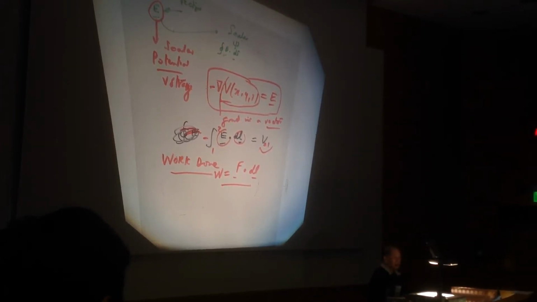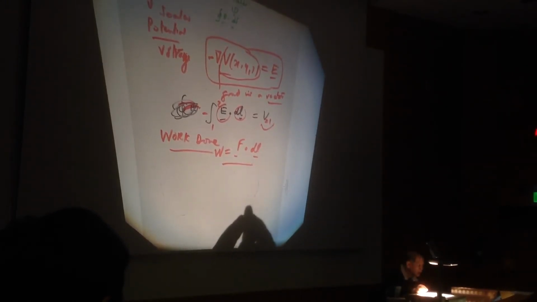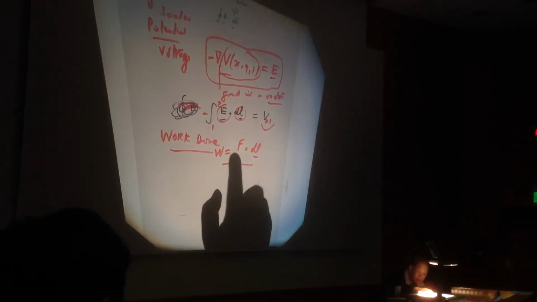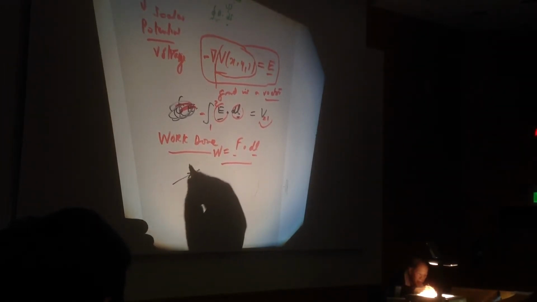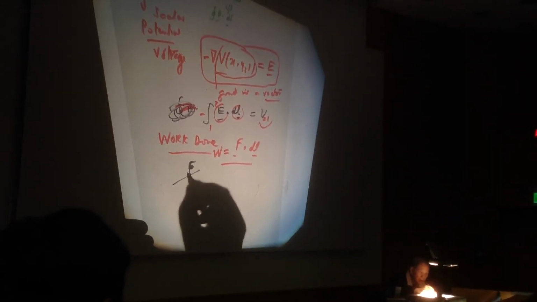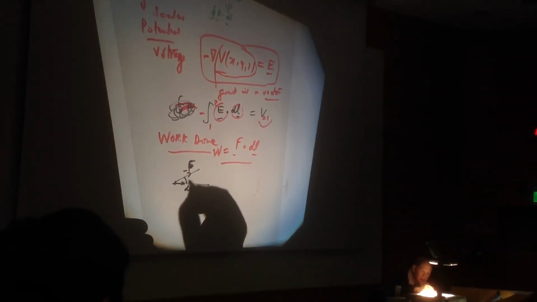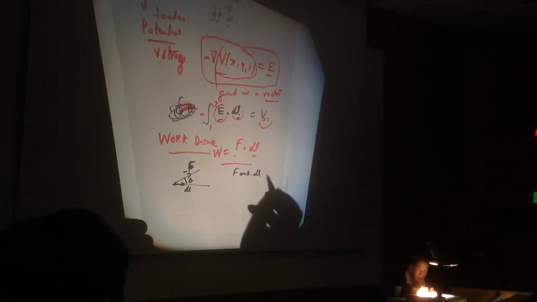But the concept of work done is always force times distance. F dot dl again, which you have done in your maths. Here the force is F, vector, element dl. Therefore, this is theta. It is F cos theta times dl.